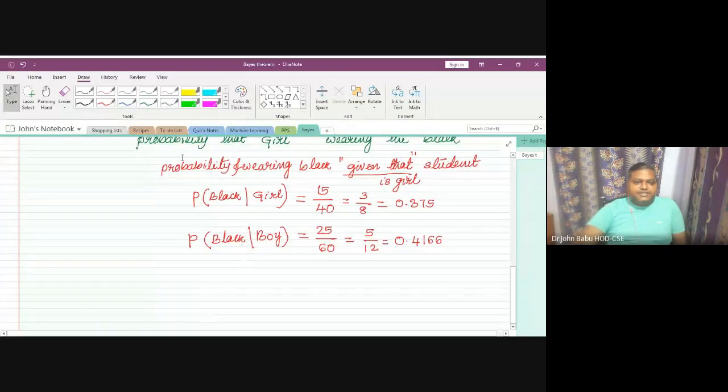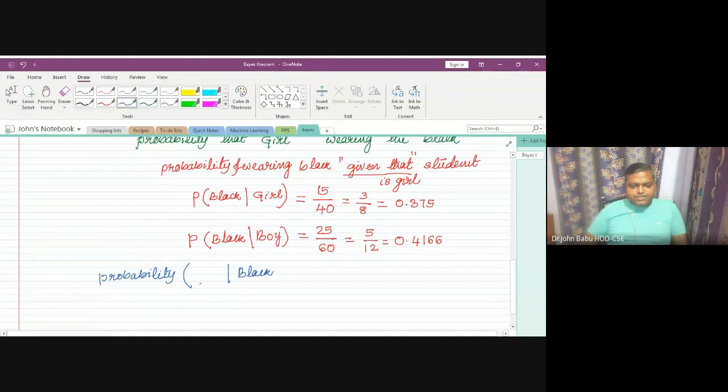Now the question is, what is the probability that, given that someone wears a black dress, it is a girl?